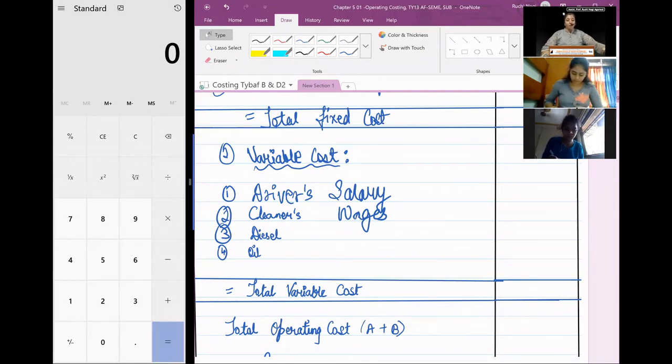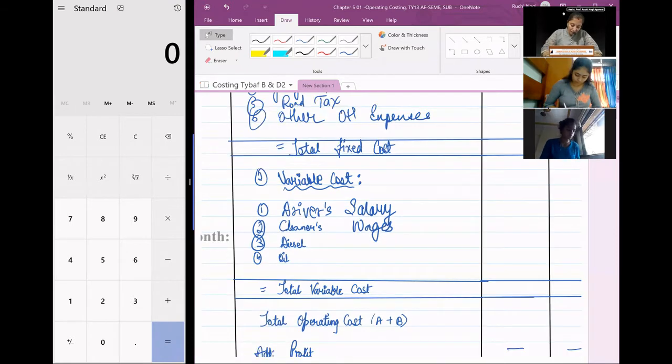Fixed cost is 6, so there will be 6 marks, but you have written only 5, so you will get 5 marks there. 1 mark will be deducted because you have mistakenly taken 1 in the variable cost. So accordingly, marks will be allocated and deducted. The more mistakes you make, the more deduction there will be. Clear about this? So keep the format ready.